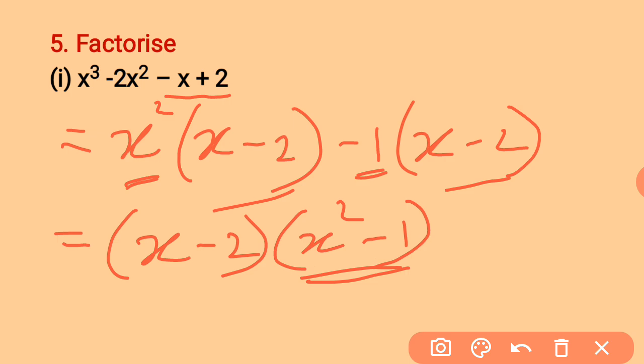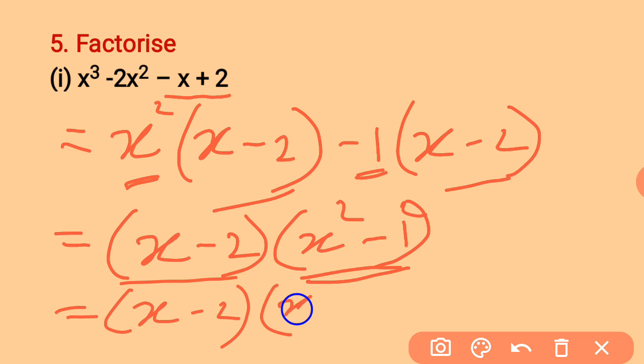This is nothing but x square minus 1 square. That means we are going to use a square minus b square. So this first bracket, copy it down as it is, and the second bracket can be written as x plus 1, x minus 1.